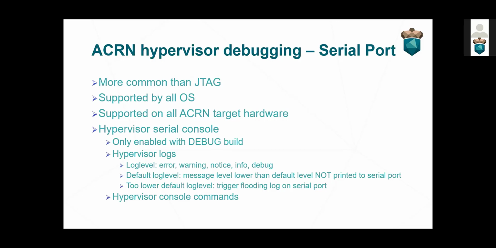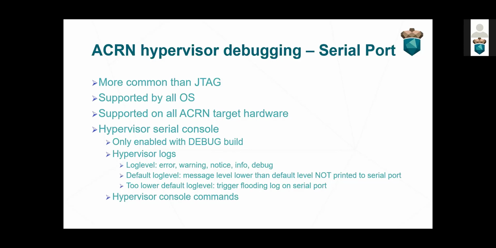In our ACRN development, we require all platforms to have the serial port, whether it's already there on the hardware, or you may need some hardware rework to have the serial port connected out.